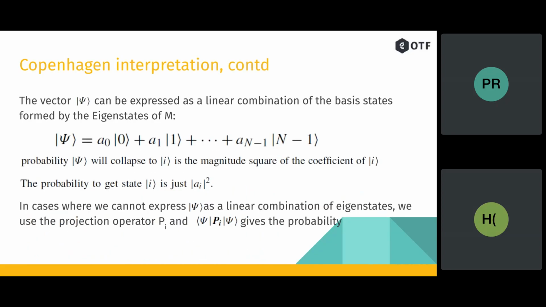Now you can see here what I said. Maybe I should have pointed to here then. It's okay. So ket psi equal to a0 ket 0 plus a1 ket 1 plus up to a n minus 1 ket n minus 1. Now we can express this interpretation as a linear combination of eigenstates, also as projection operators, which we call pi.